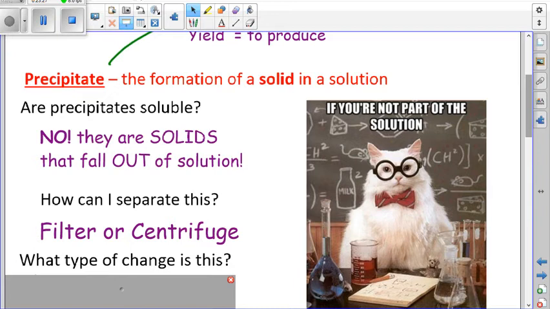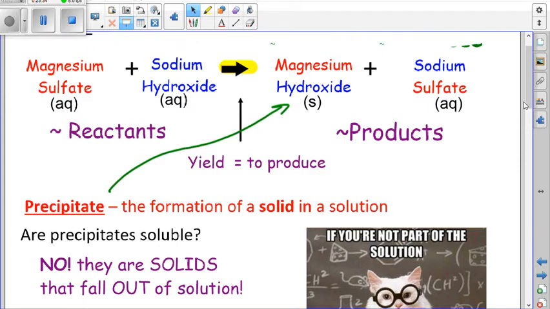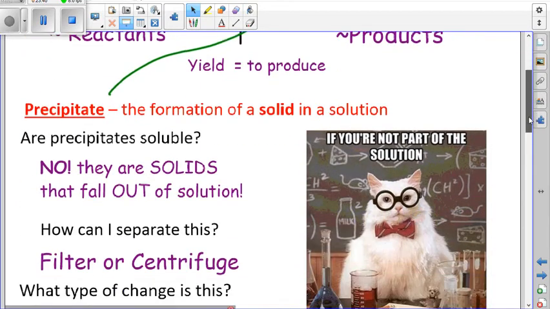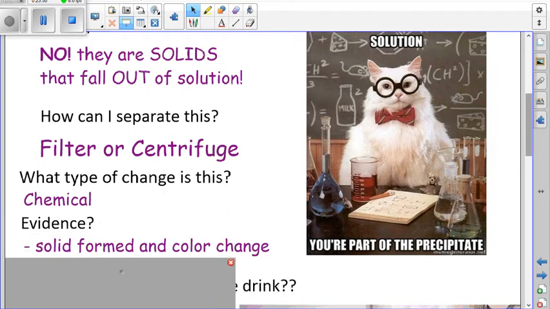We have a new substance formed. This is a brand new substance because we made magnesium hydroxide. That's not anywhere on the left side. So this is a sign of a chemical change. Hey, what else did you see when I did this yesterday? When I poured those two beakers together, what else did you see? Color change, right? It became white. So again, that's another reason why we had a chemical change. Evidence: solid formed and color change.